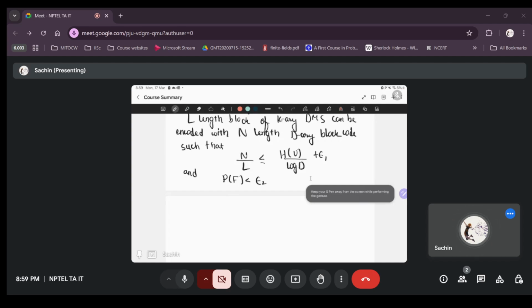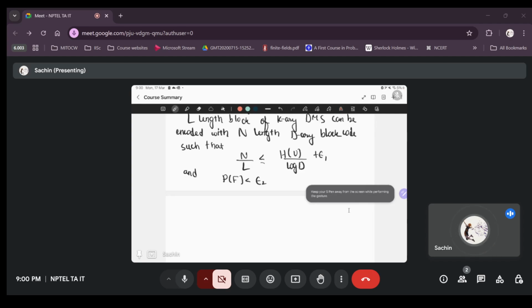But we can also show that if you want P of F less than epsilon 2, you can't have arbitrarily small N over L. As you decrease N over L, the probability of error will also increase.